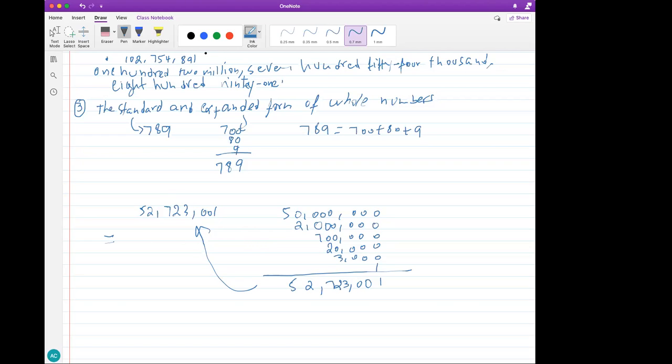So again, this is called the standard form. And this one, what do we call this one again? Expanded. Exactly. So we have standard and we have expanded. As you see, we expanded it into individual place values. So this is the expanded form.